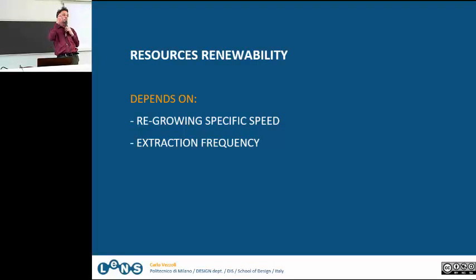But it could be the same type of wood, not renewable, if it's coming from another place where deforestation is what is usually made. The same type of wood. So it's not just a matter of the quality of the wood that has some characteristic, the speed by which it can regrow, but it depends even on the extraction frequency.